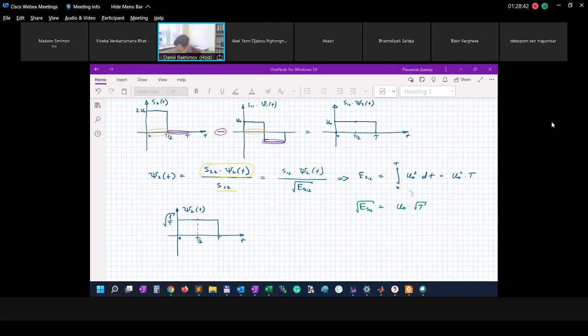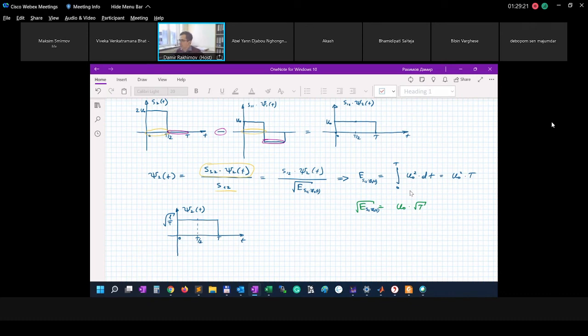Yes, you're right. Strictly speaking, it's not the energy of S12. I should write that it is the energy of S12 times psi 2 of t, so it's the energy of the remaining part. It's not just a scalar, it's a signal. We don't calculate the energy of a scalar, but the energy of the remaining signal that we have.